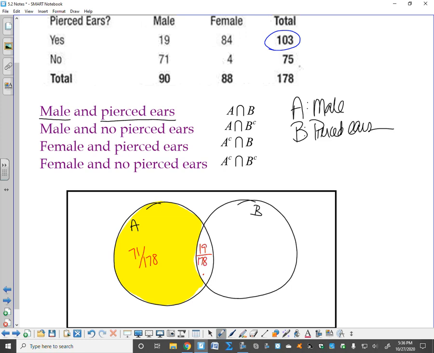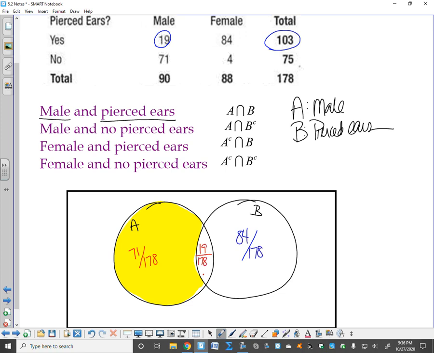So I have 103 total pierced ears, but I got 19 of them already in that center wedge. So what's going to be left over here is the 84 over 178.